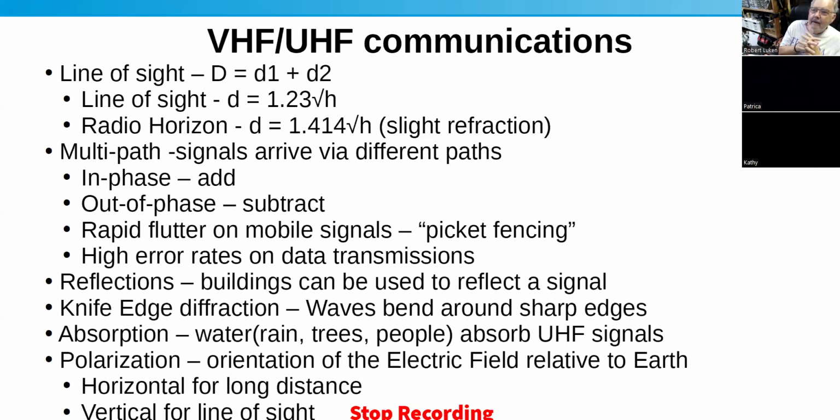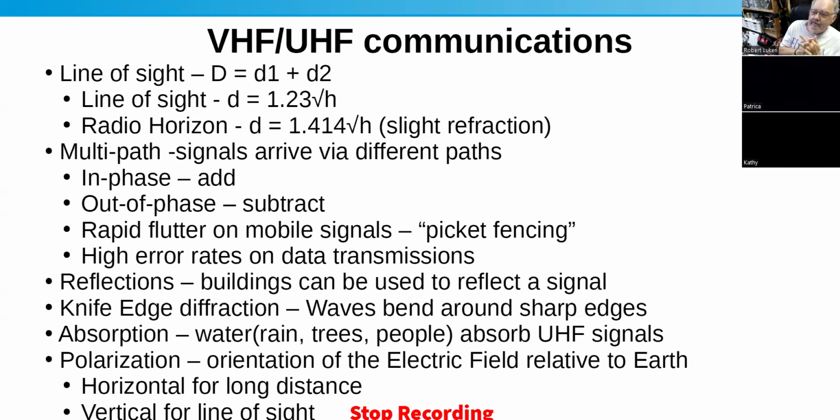So you calculate D1 from the height of person 1 times 1.23, unless we use 1.414 instead. Assume D1 is a transmitter and D2 is a receiver. Yeah, well, the first line says line of sight equals capital D equals, that's the one that threw me once we went a little further.